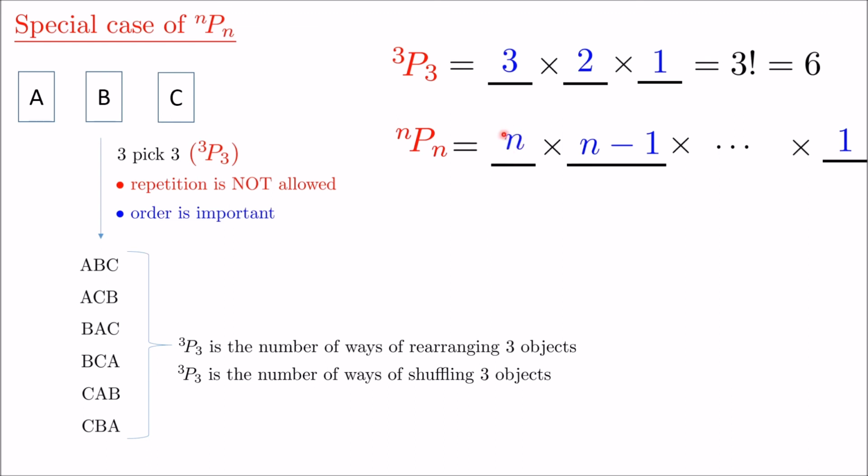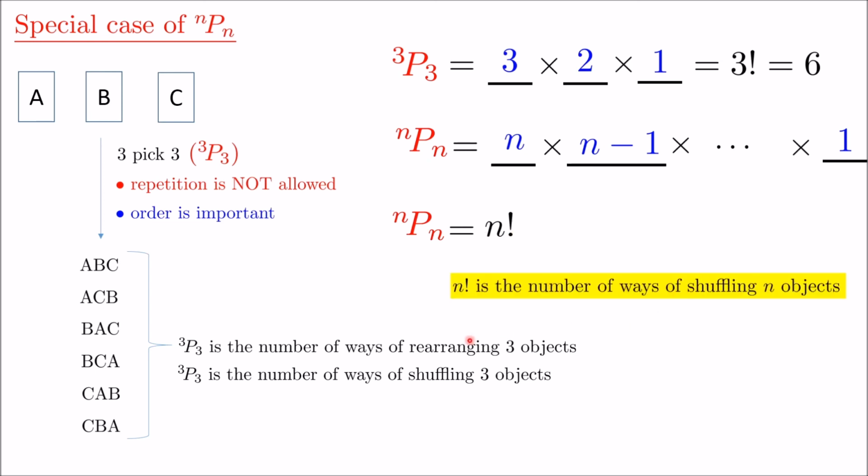So this is nothing more than n factorial, because it starts at n and then descends all the way down to 1. So nPn is nothing more than n factorial. And nPn is just the number of ways of shuffling n objects. So n factorial is the number of ways of shuffling n objects.